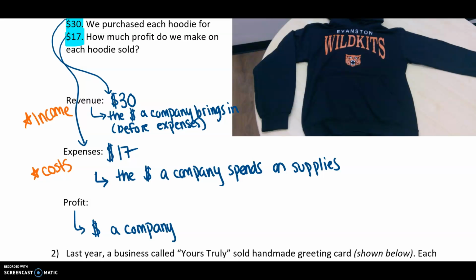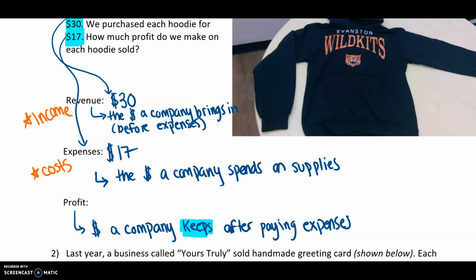Can't use the word in the definition though. So the money a company keeps after paying back costs or paying back expenses. And just to highlight the key word there, the key word is keeps. So it's after you pay, like your graphic designer, it's after you pay rent.